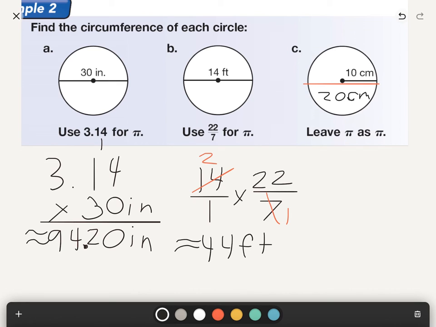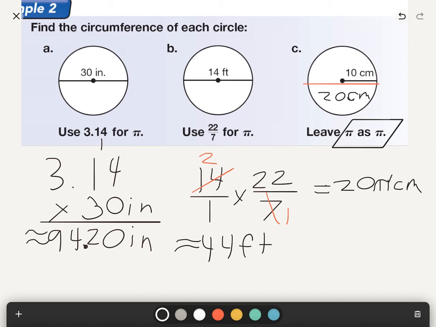But all we have to do here, if we're leaving pi as pi, is say 20 times pi centimeters. Now, you know what this does though, right? This one I don't need wavy equal signs. This is totally equal because we're just using the value of pi.